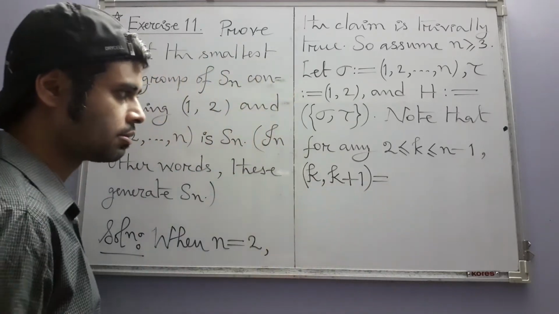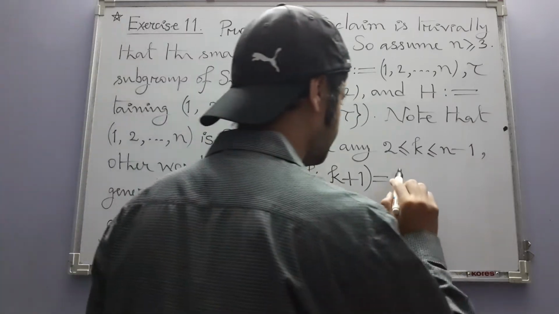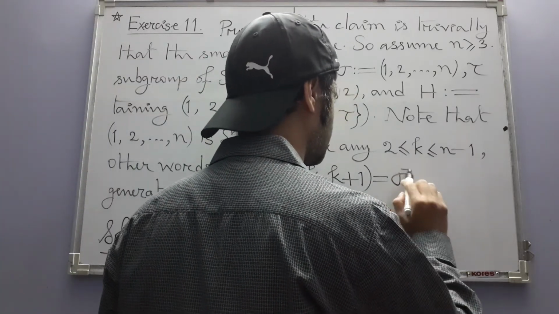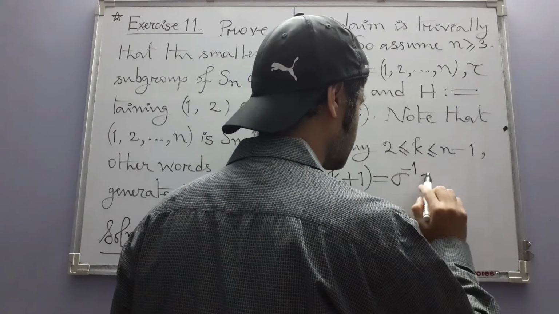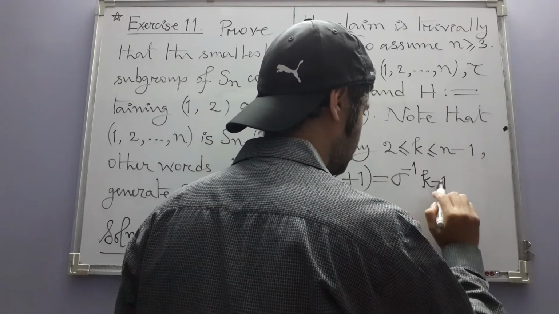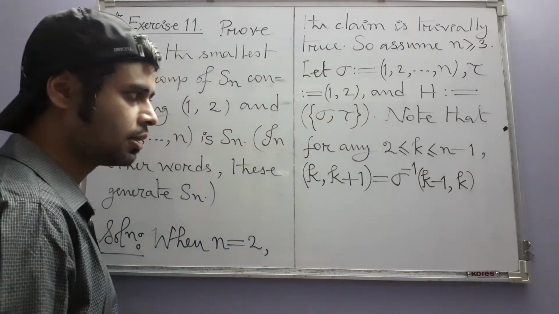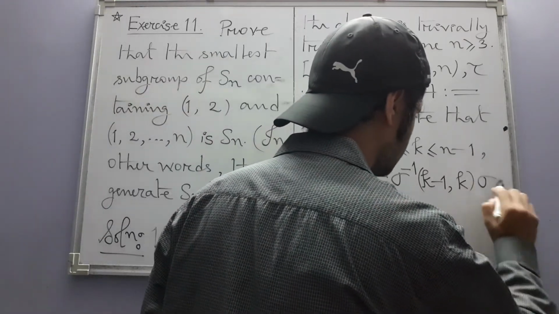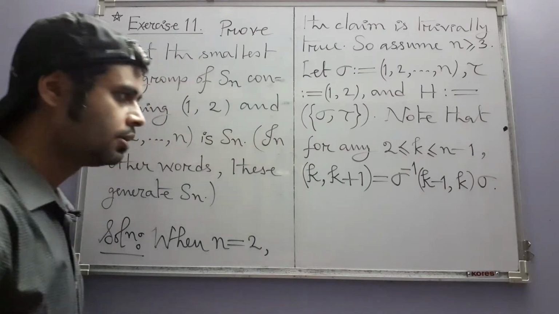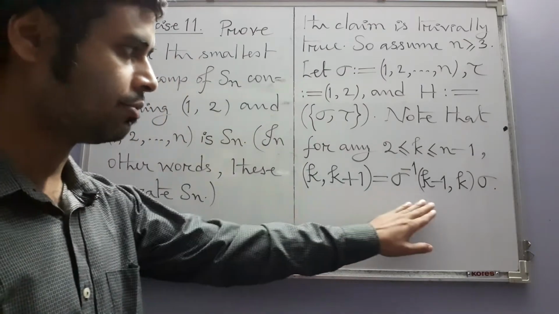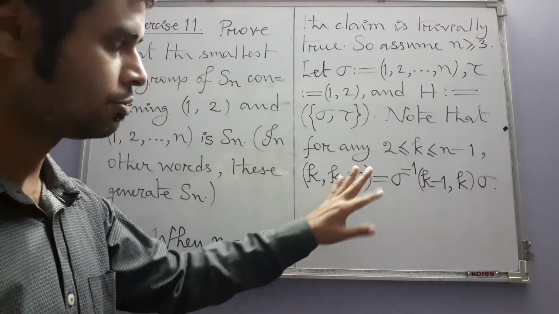This 2 cycle k comma k plus 1 actually turns out to be equal to sigma inverse times this 2 cycle k minus 1 comma k times sigma. Now it's just a matter of verifying that this is in fact true.